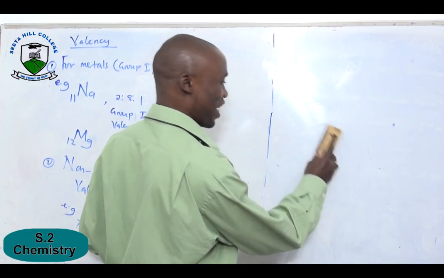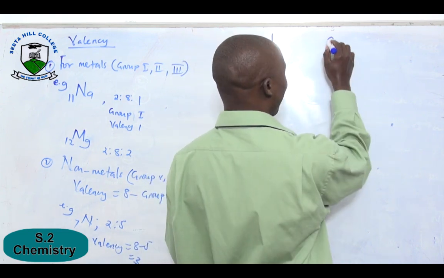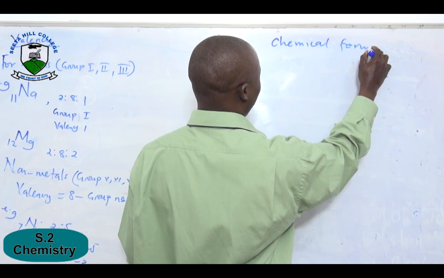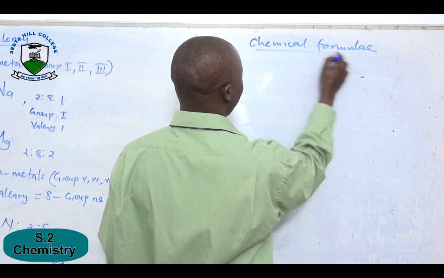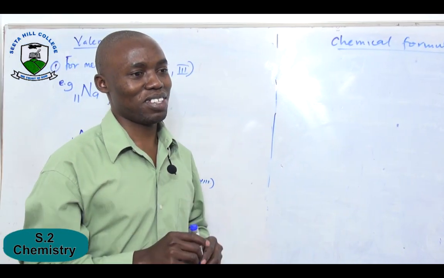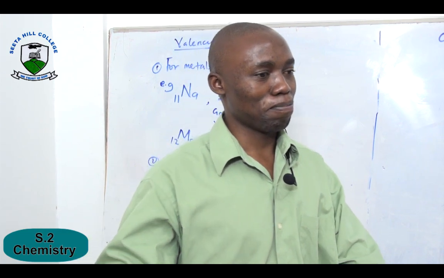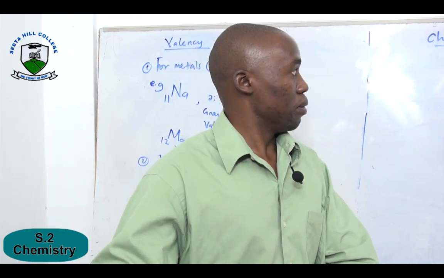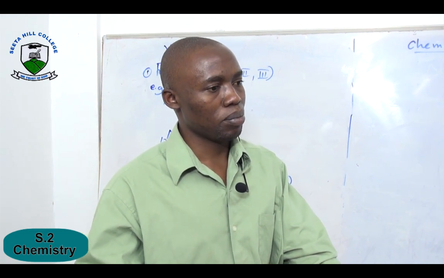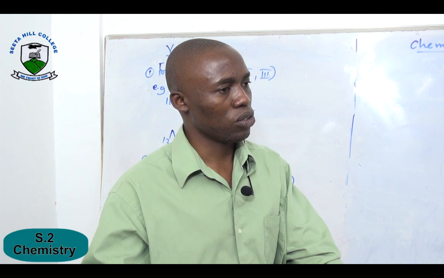Now look here, chemical formulae is the last discussion and the equation. That one has some interesting work there. Now a chemical formula is just a representation of a compound using symbols.